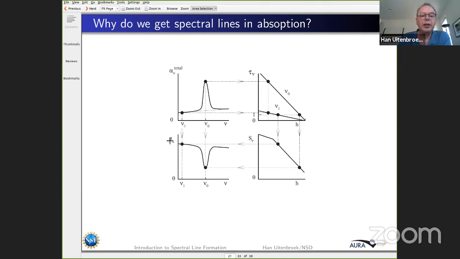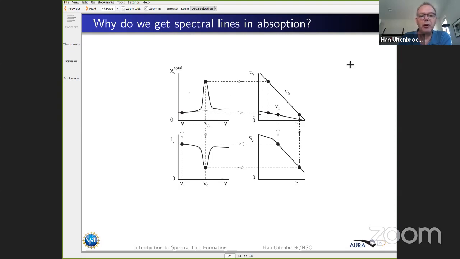So therefore, this strongly varying opacity through the line allows us to sample different values of the source function with height, and makes the emergent spectrum have lower intensity in the line core because we sample a lower source function, because the opacity curve is much steeper, and therefore optical depth 1 occurs much higher in the atmosphere than in the continuum.